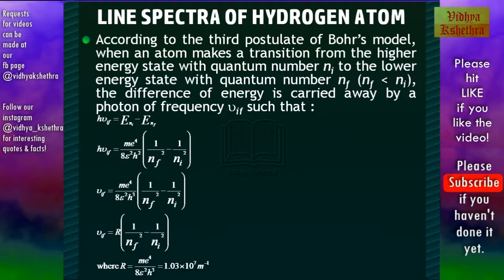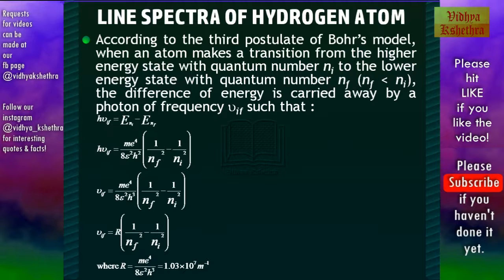Now using the formula for energy at a state, we can rewrite the equation as h nu_if is equal to me^4 by 8 epsilon^2 h^2 into 1 by nf^2 minus 1 by ni^2, or nu_if is equal to me^4 by 8 epsilon^2 h^3 into 1 by nf^2 minus 1 by ni^2.